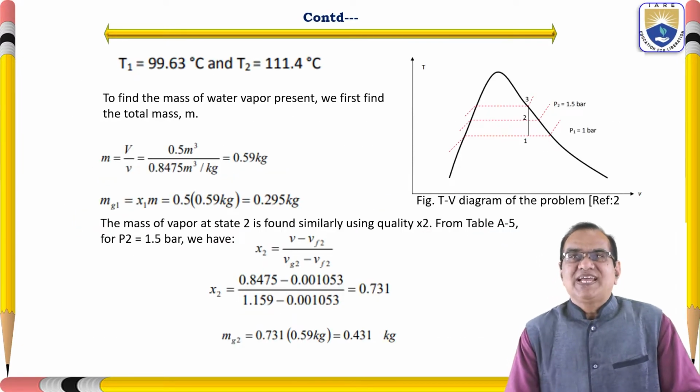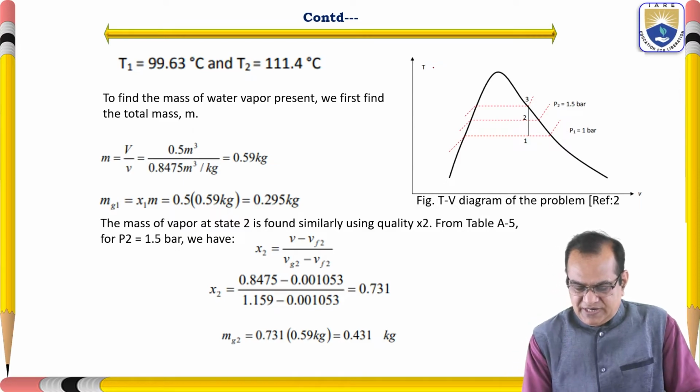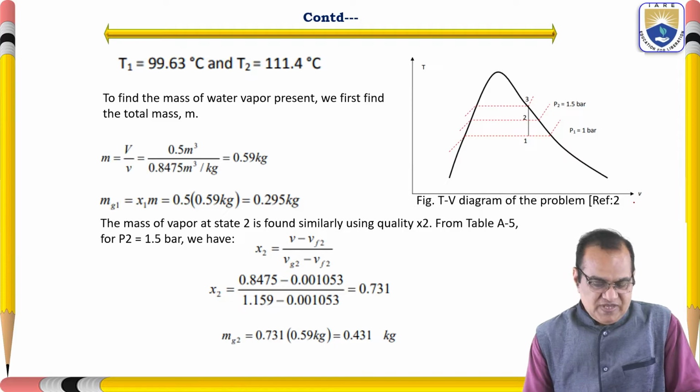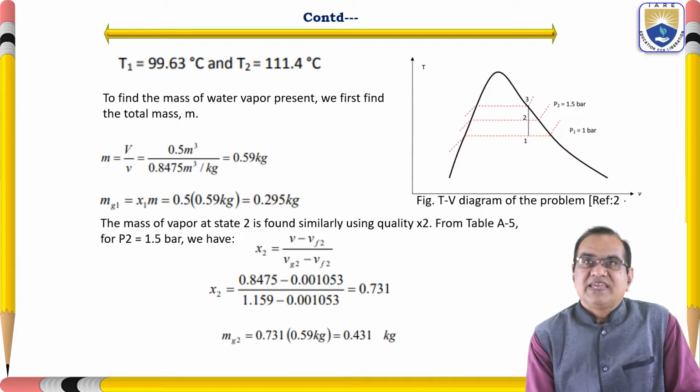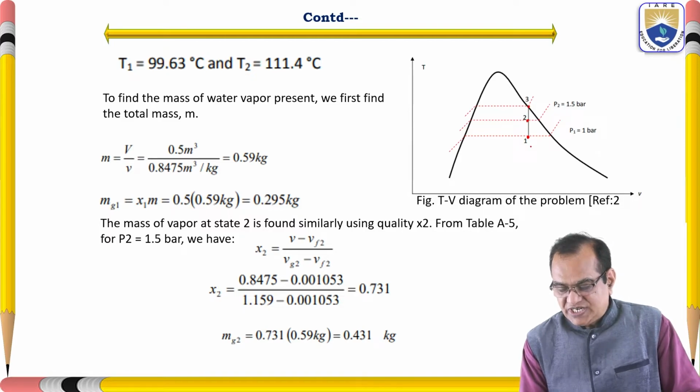Here we can see how it is shown on the TS diagram and the T-V diagram. From the steam table, in the given condition, this is T1, this is 2 and this is 3. All are at constant volume.